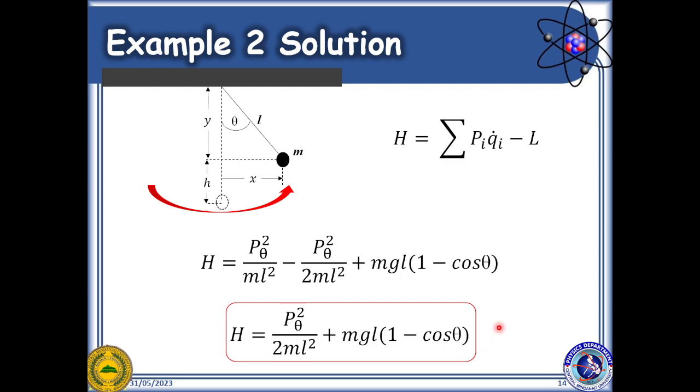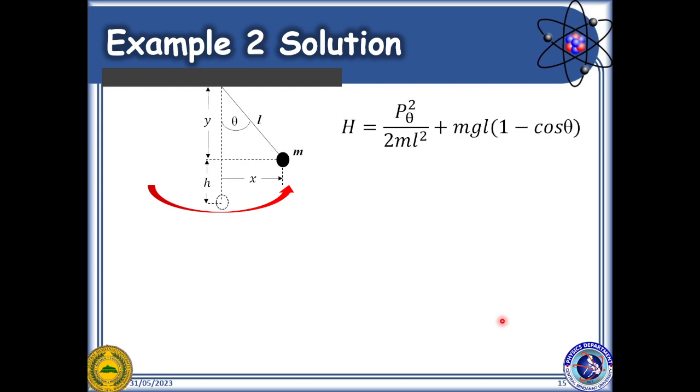We are not done yet, because we still need to find the equations of motion, or the canonical momenta and the canonical velocity, in the Hamiltonian formalism. Again, we can use these two equations here to find the equations of motion.